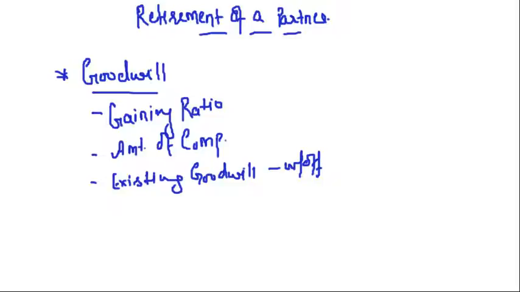One more thing we discussed in the last lecture: if any of the remaining partners is sacrificing on the retirement of a partner, then he must be compensated for the sacrifice he has made.